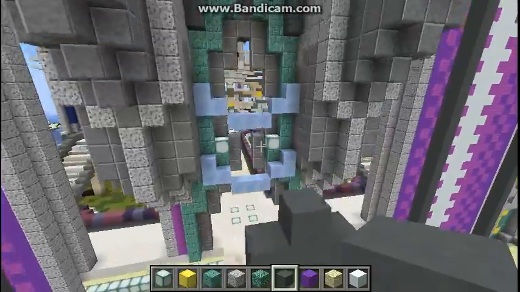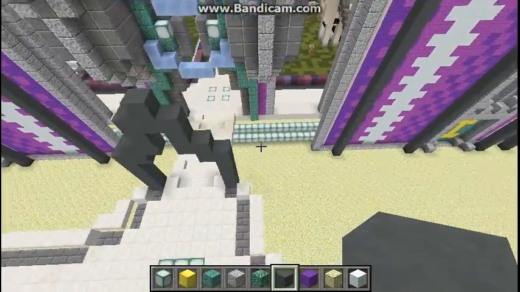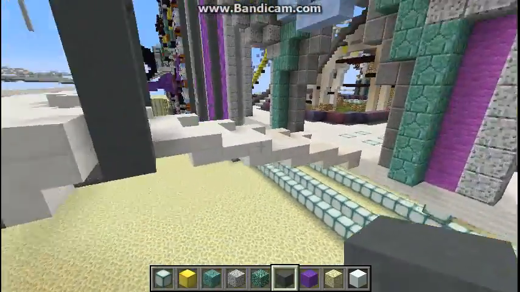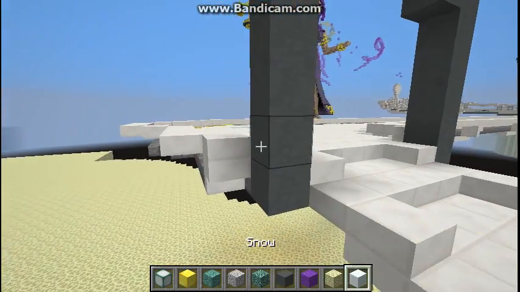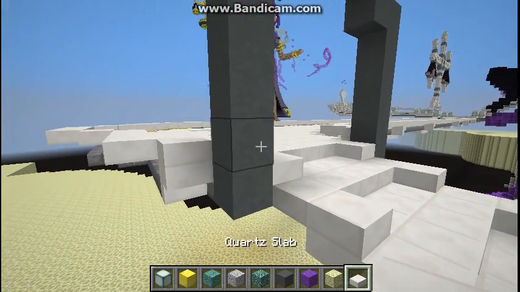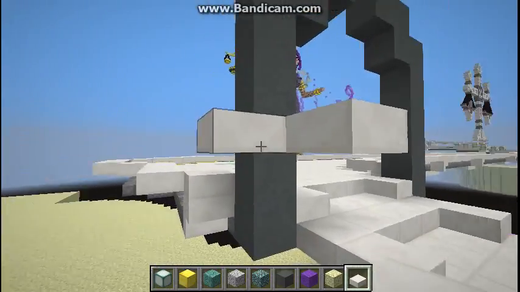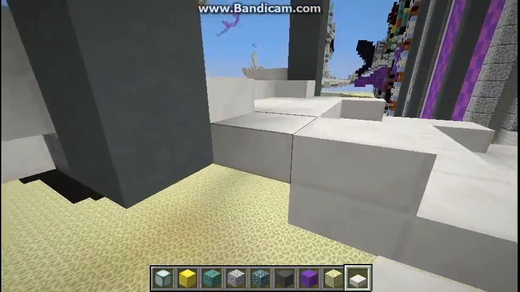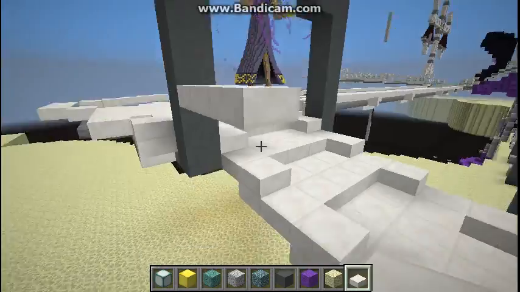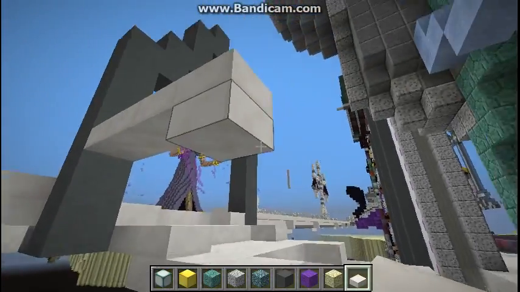Maybe. Thus, we can just sort of make the pathway basically impossible to cross.